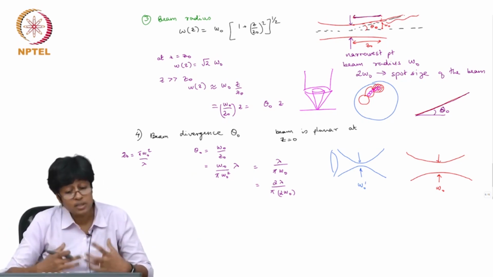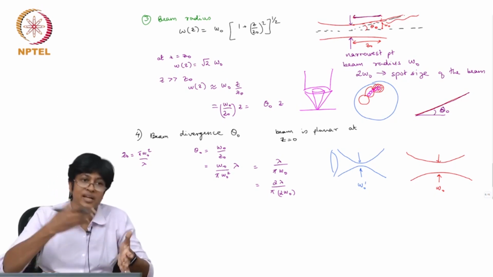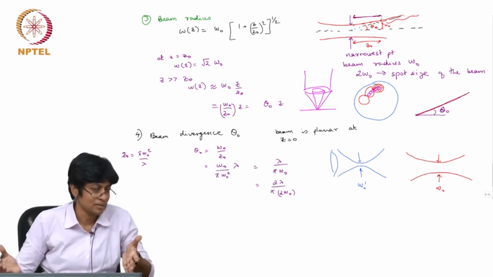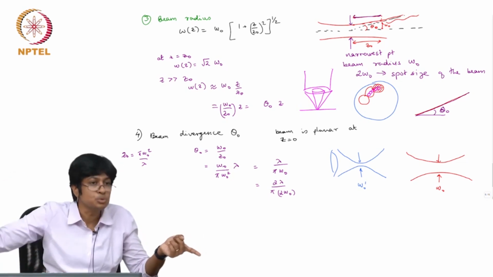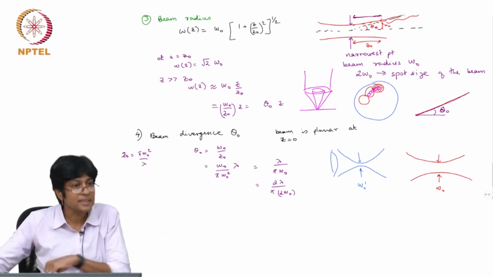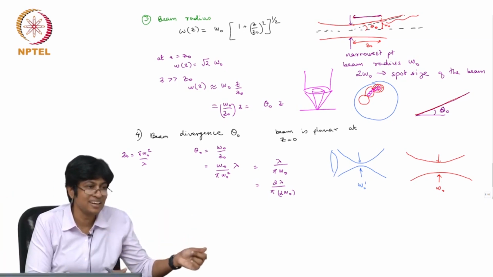What this is telling me is I don't have absolute control over every parameter of the Gaussian beam independently. I can control the beam radius, but that is going to do something to divergence. Or I can control the divergence, but that's going to do something to the beam radius. These are inherently linked.